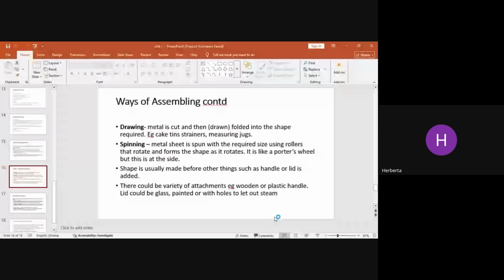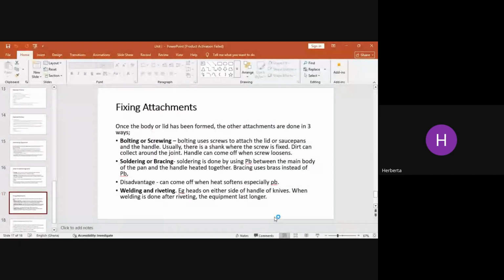So you have to fix a handle for it. And we have different ways of fixing the handle. We have the bolting or the screwing. So you draw the handle. Drawing here is not drawing with pen and pencil.